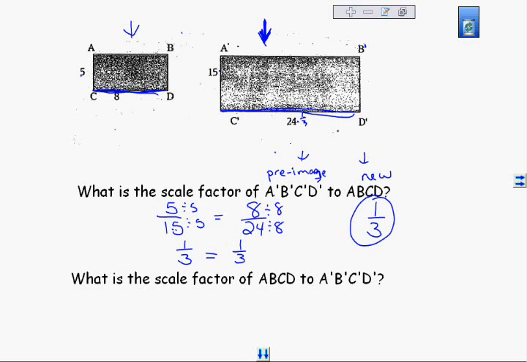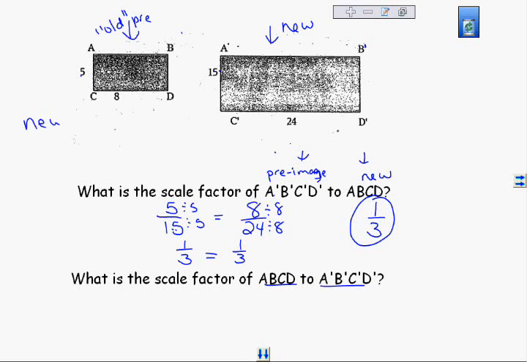Your new ABCD. Now, let's go from ABCD to A apostrophe, B apostrophe, C apostrophe, D apostrophe. So now, this is our old image, or pre-image. And this is our new image.